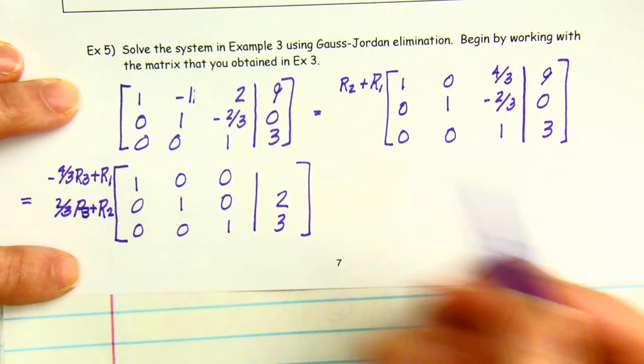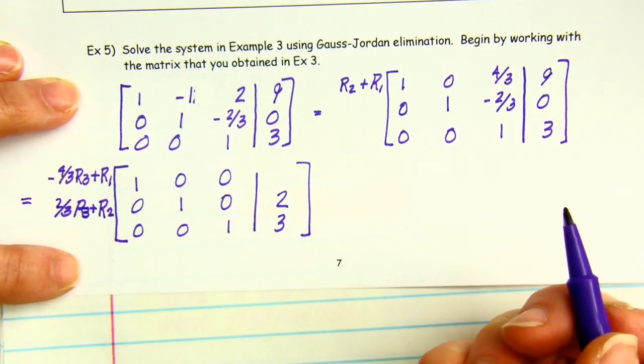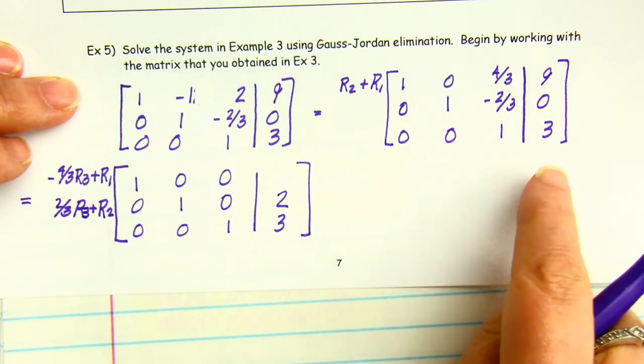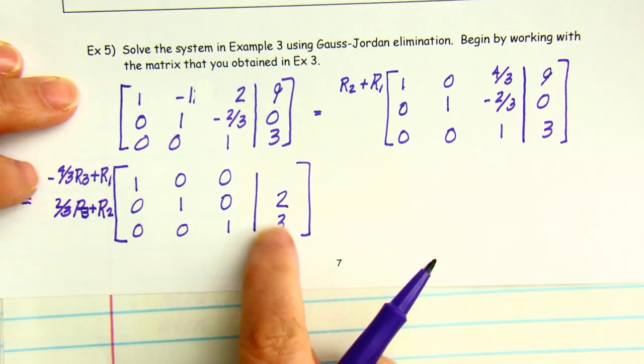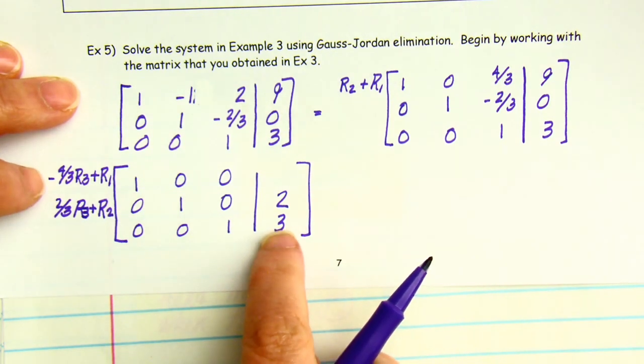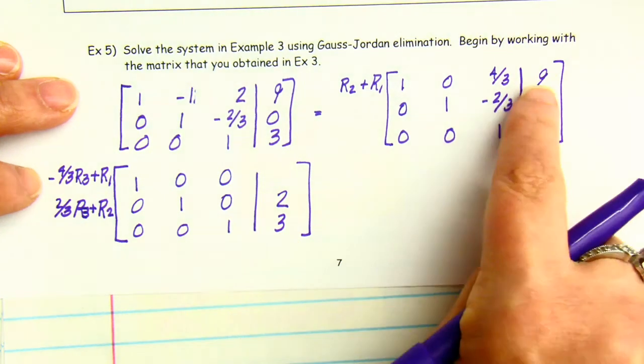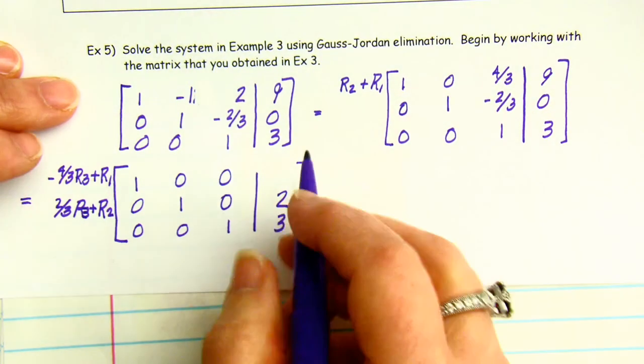That's why we did it, to make it become a 0. And finally here, -4/3 times this entry in row 3 is -4. -4 plus 9 is 5.